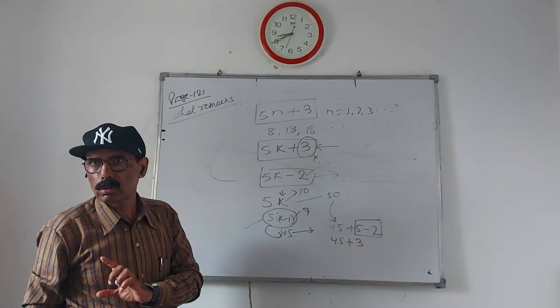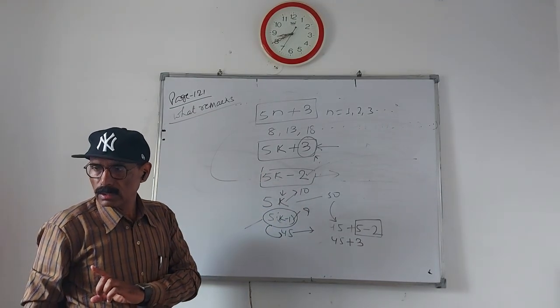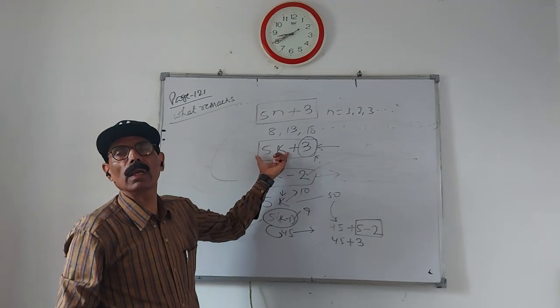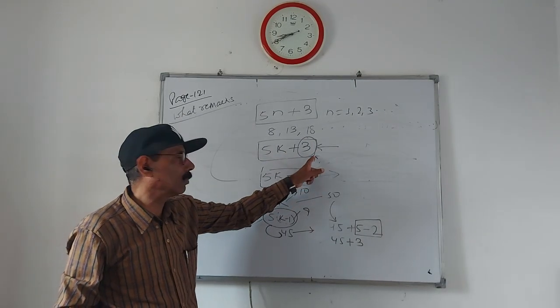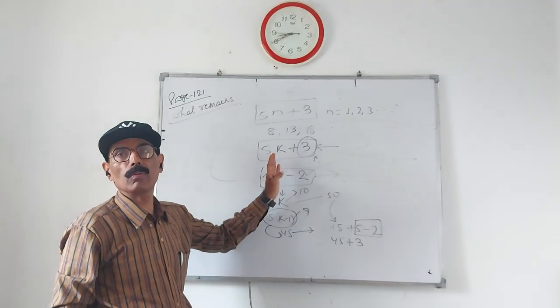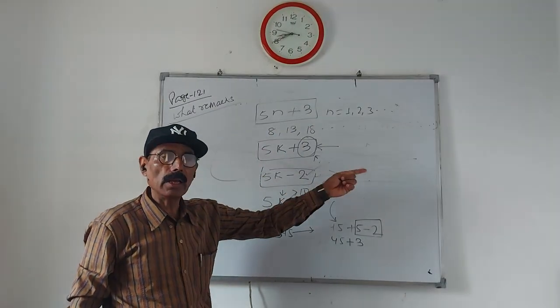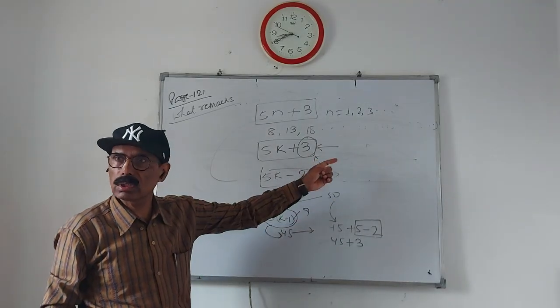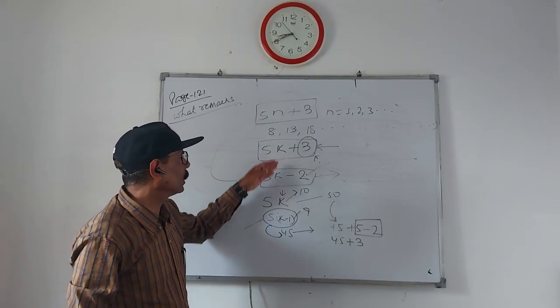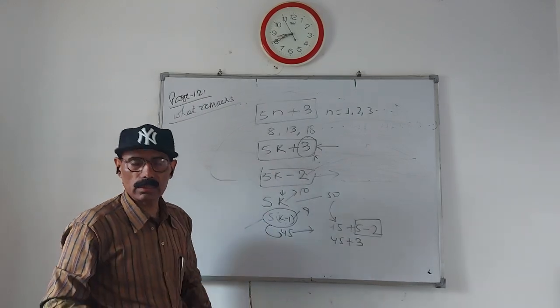Understood or not? Because if any multiple of 5 is giving an additional 3, then also the remainder is 3. If from any multiple of 5, one set of 5 you separate and do minus 3, then also 3 is left. So like this, the result is same. These two equations are same.